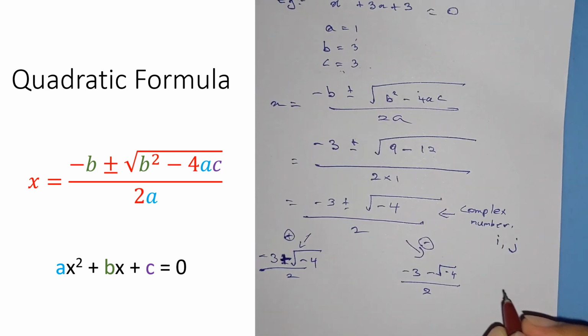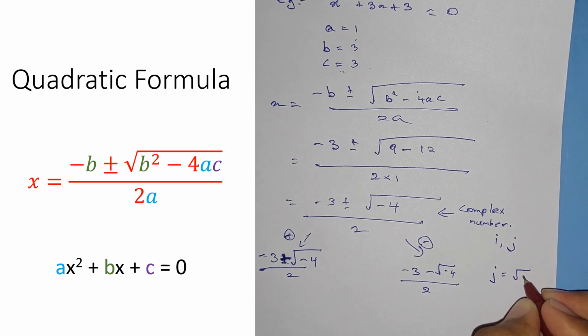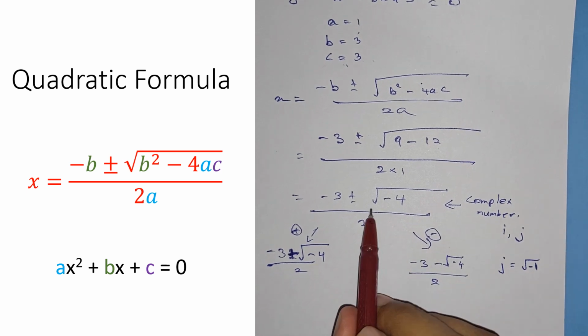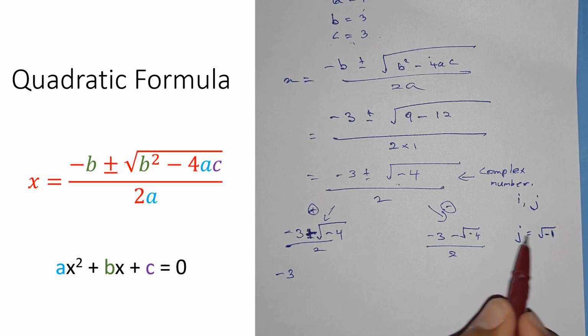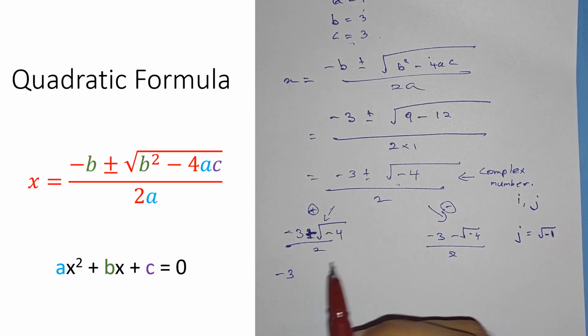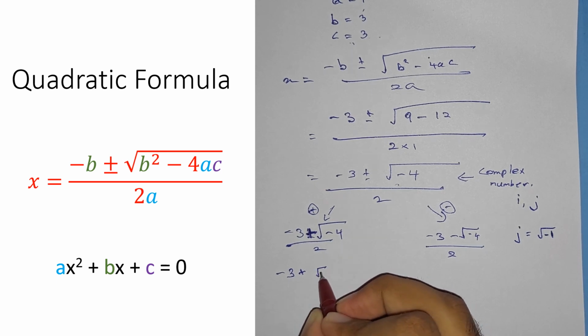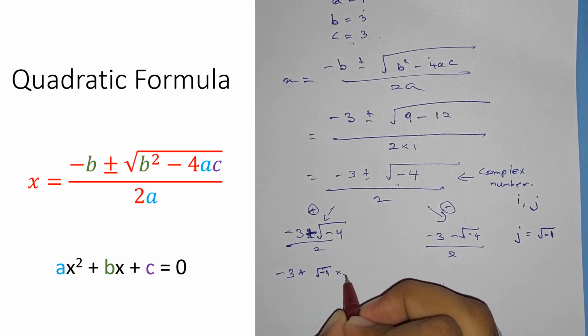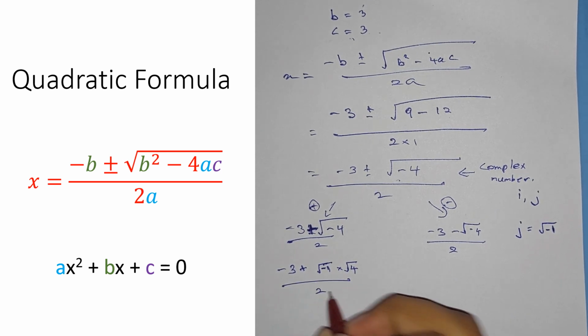So j is said to be square root of minus 1. So we can take square root of minus 1 out of this. So square root of minus 1 times square root of 3 over 2.